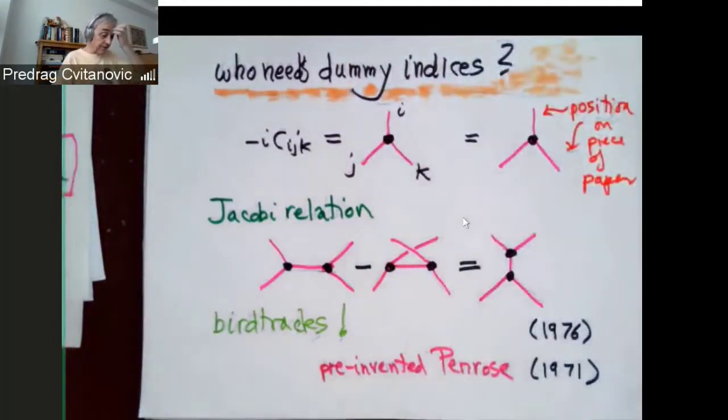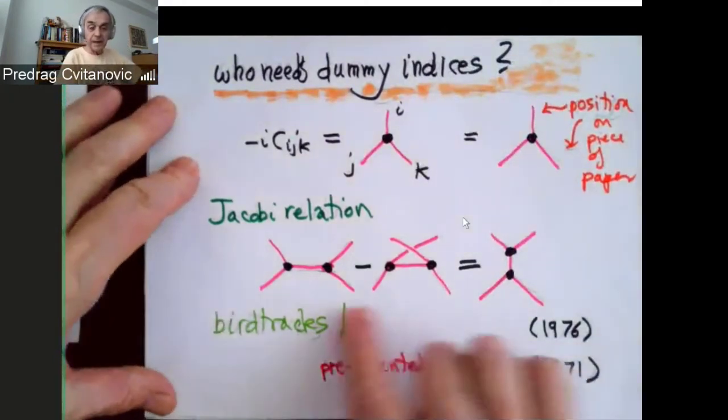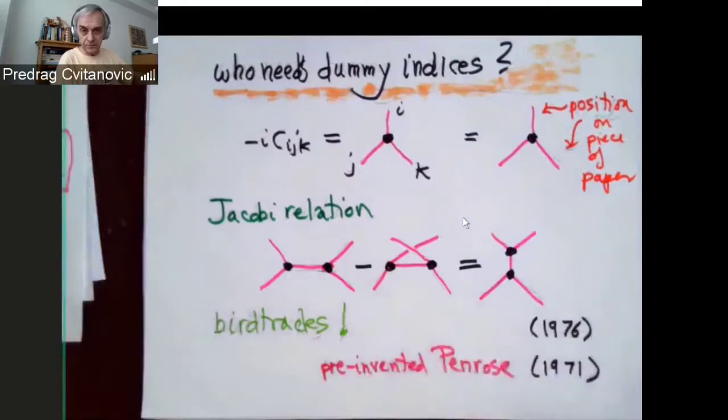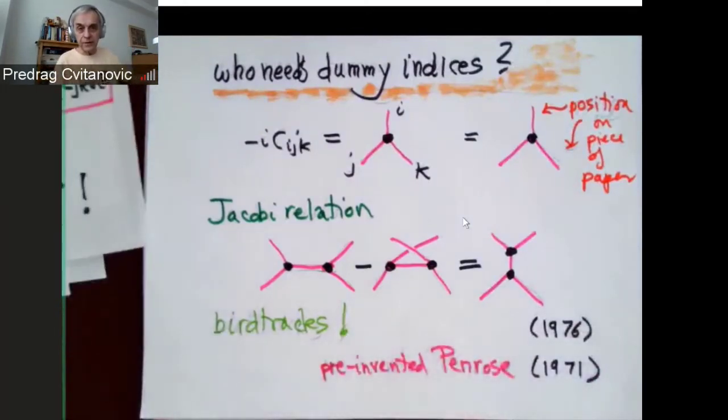All I want you to know is if you actually have to do some calculations in group theory, it might be easier to draw pictures than to do these indices. Now, most people don't have to do this, but if you do general relativity, or if you have to do particle physics, you're forced to do it.